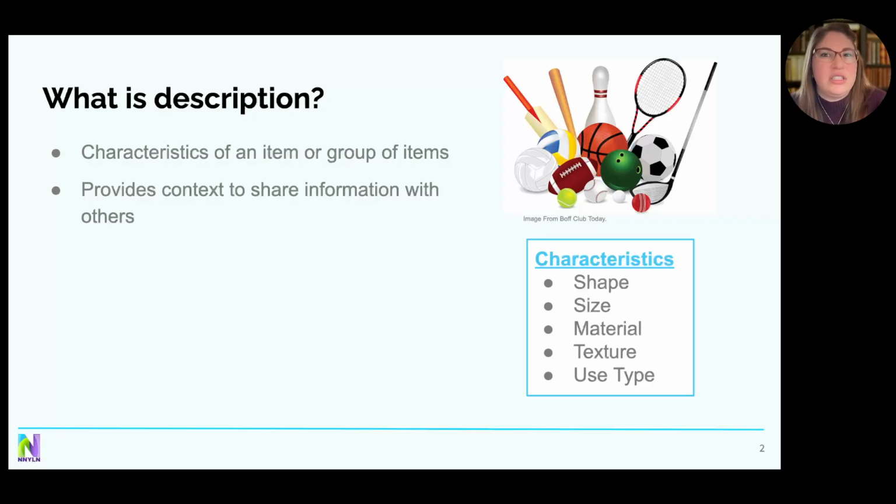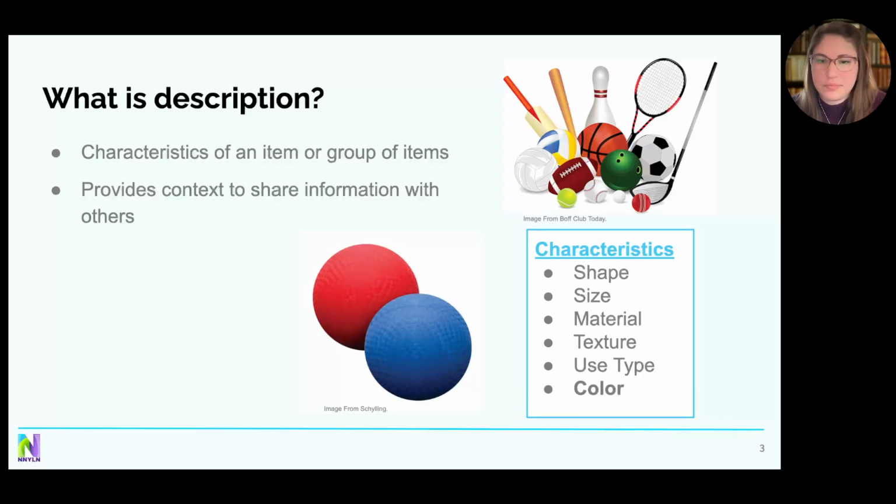So what kind of characteristics do we describe? It could be shape, size, material, a texture, maybe a sound, what it's used for. All these kinds of description give us clues as to what we're talking about so we can have that shared experience. I just mentioned a bunch of characteristics, and sometimes you'll notice things that make things the same. Another important part of description, to get something to stand out and get someone to understand what you're talking about, is that sometimes you actually want to point out what makes something different.